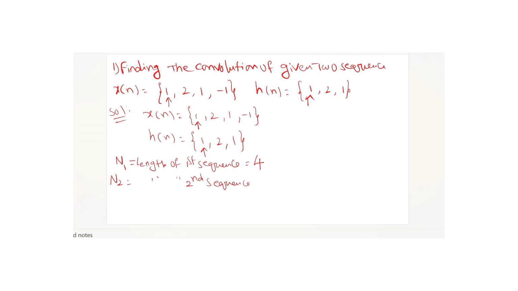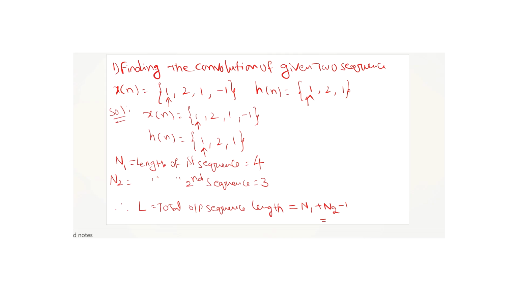So length means how many samples we have, like how many values we have. So here we have 4 values. For the second sequence we have 3 values. Now for finding L, that is the total output sequence length, we have a formula in terms of linear convolution, which is n1 plus n2 minus 1.